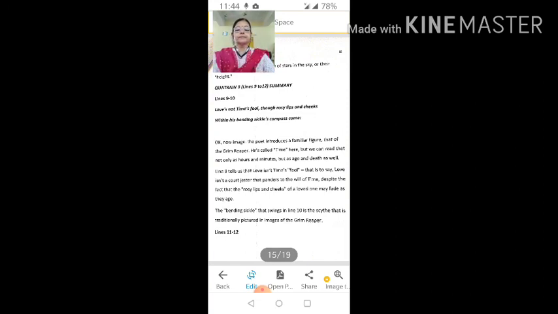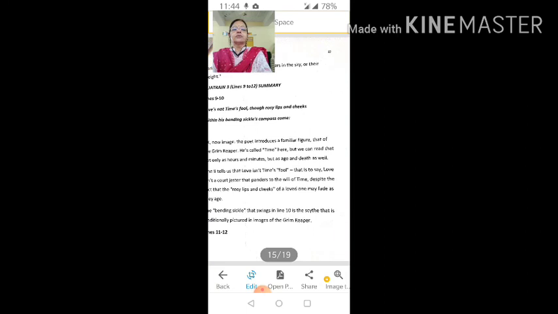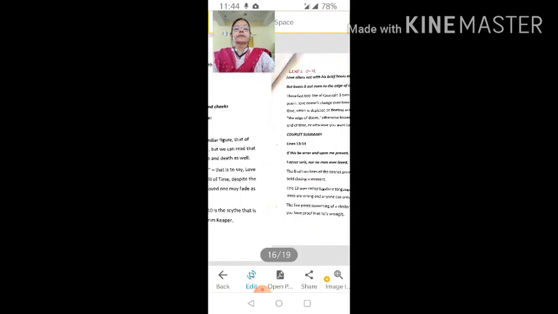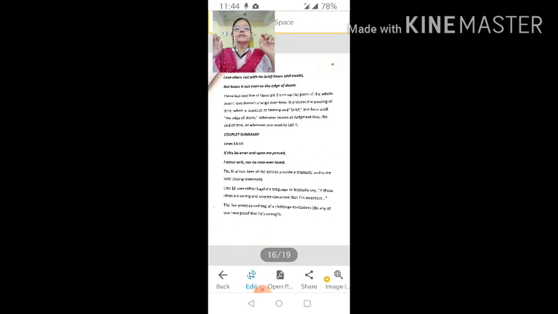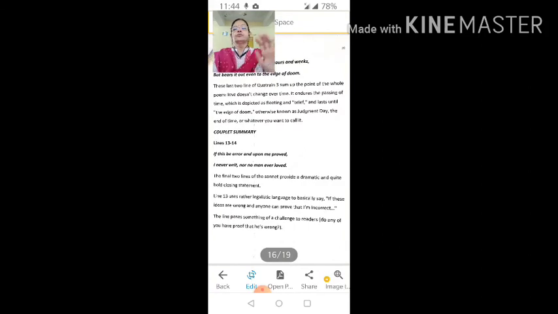Lines 11 and 12. "Love alters not with his brief hours and weeks, but bears it out even to the edge of doom," says the poet. These last two lines of the third quatrain sum up the point of the whole poem.